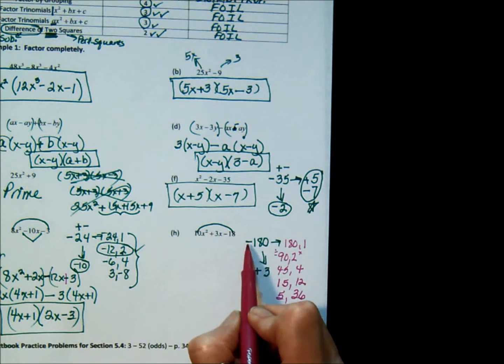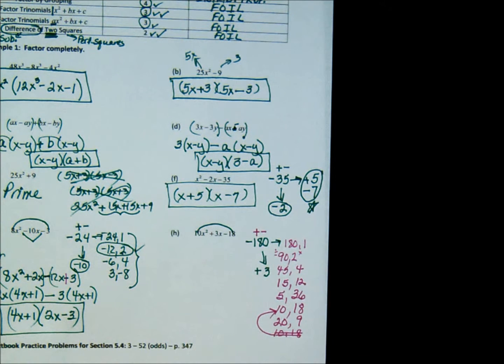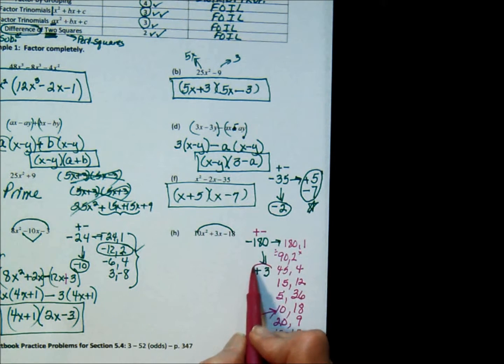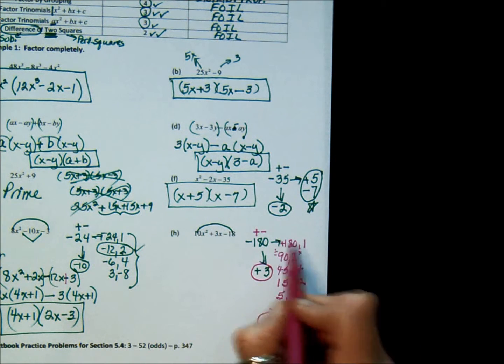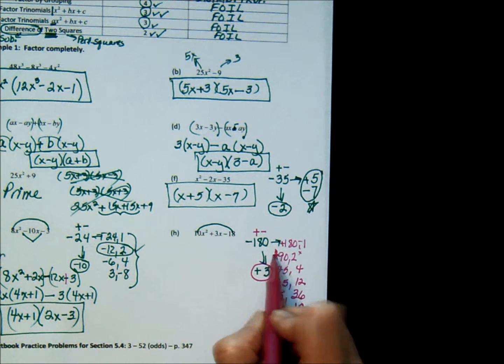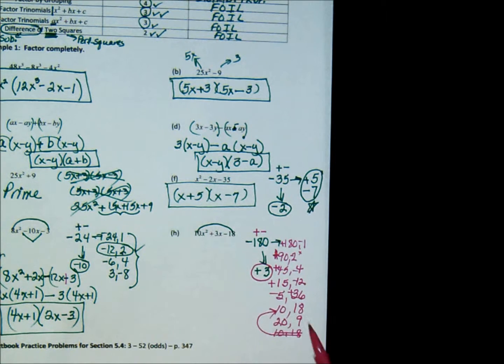To get a negative 180, I need a positive times a negative. To end up with a positive 3 down here, when I add them, I know the bigger one has to be the positive. So it could be this, could be this, could be this, could be this, the bigger one positive, bigger one positive, bigger one positive.